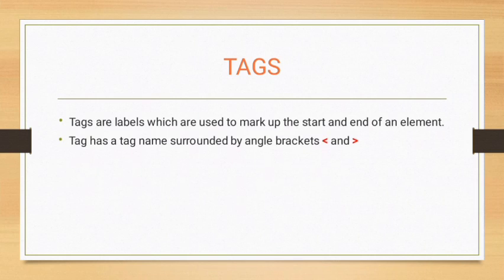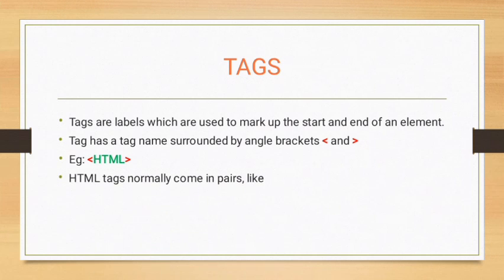A tag has a tag name surrounded by angular brackets, less than and greater than. So all the HTML tags are enclosed in angular brackets. For example, html is one tag and it is enclosed in angular brackets.